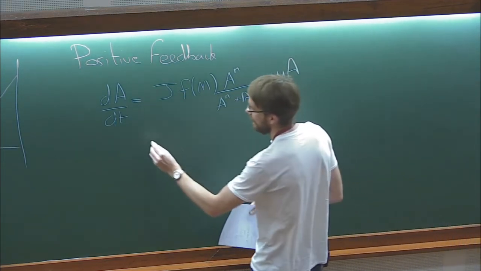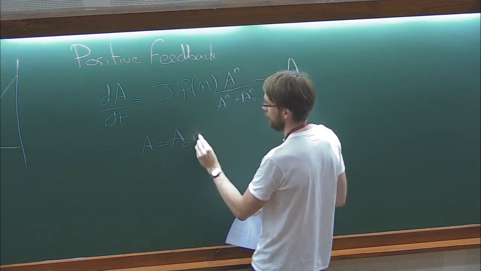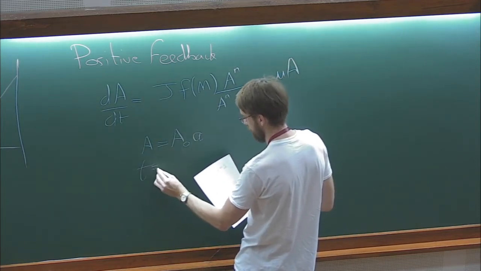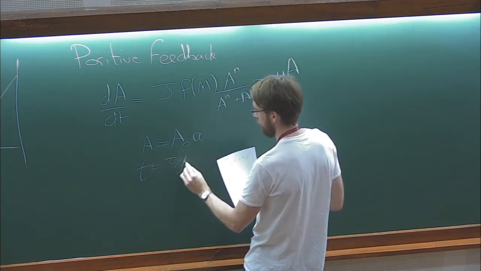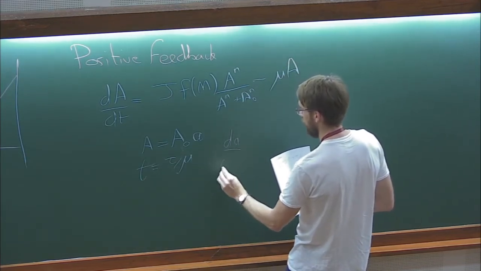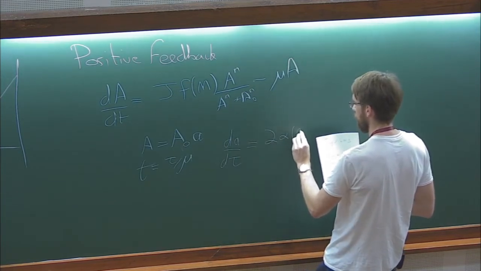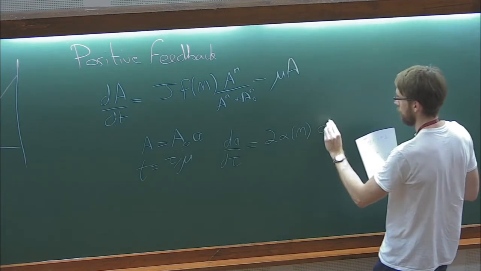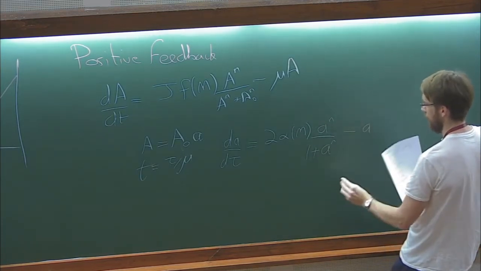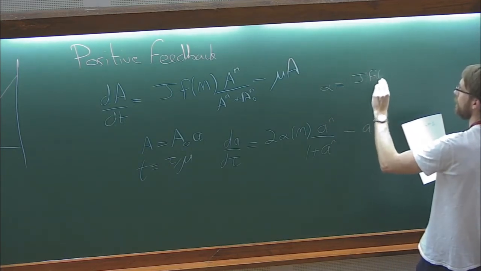But before we do that, let's do our favorite trick. I don't like parameters, so I'm going to rewrite my concentrations in terms of a dimensionless concentration and my time in terms of a dimensionless time. I leave it as an exercise to the reader to show that this equals, where alpha equals JF.